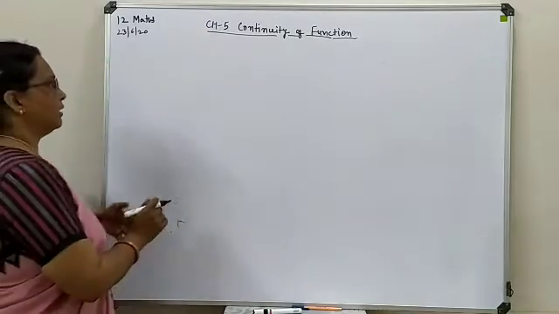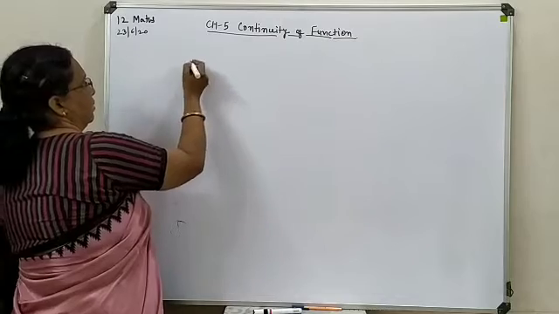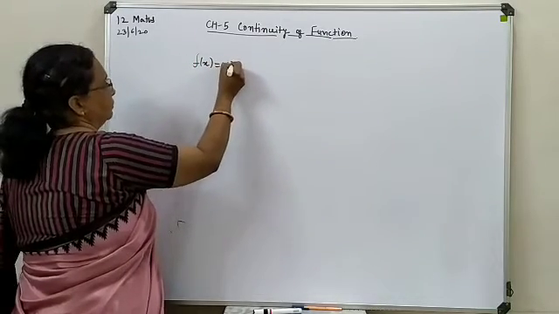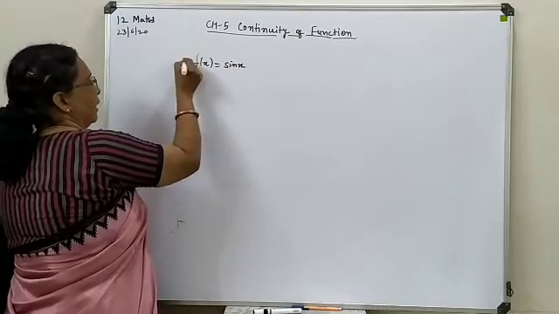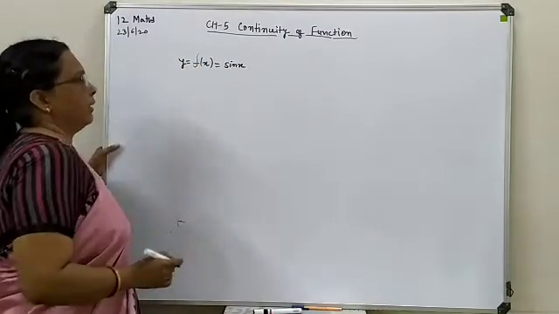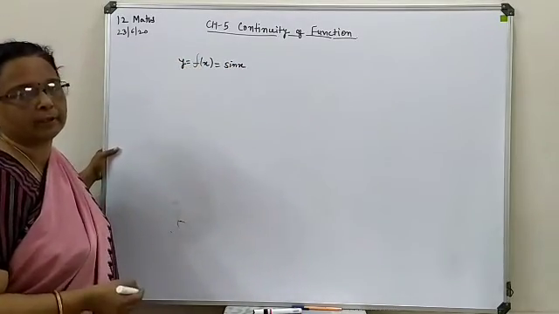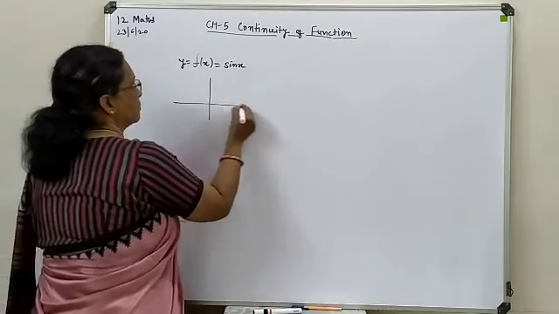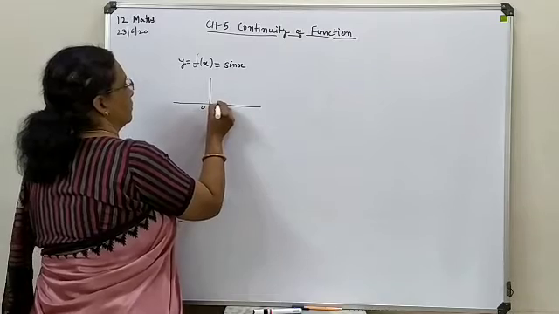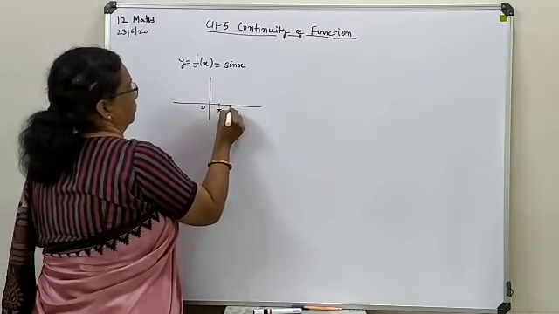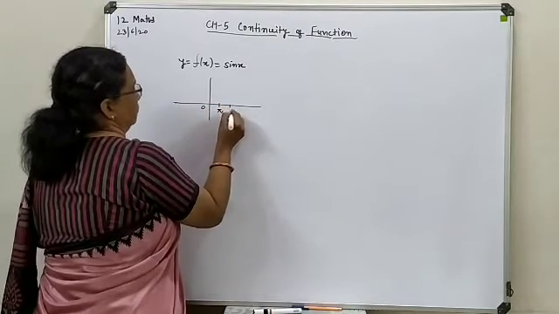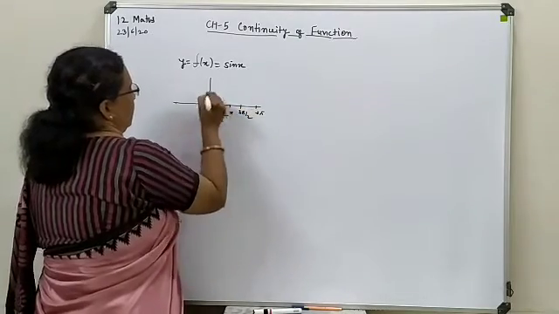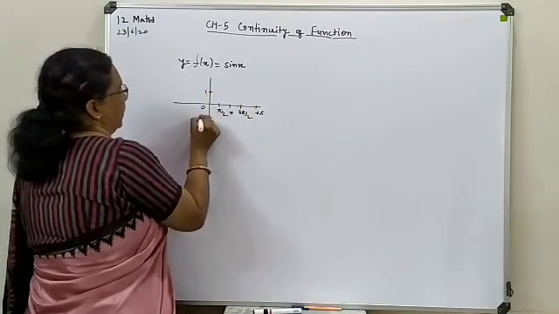Just for example, we take one function, a trigonometrical one that is very clear to all of you. If you take the function sin x, we have plotted a curve of sin x, and this is 1, minus 1.